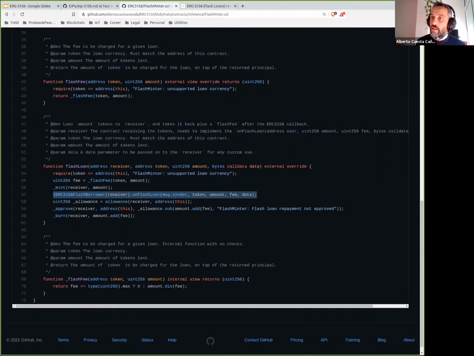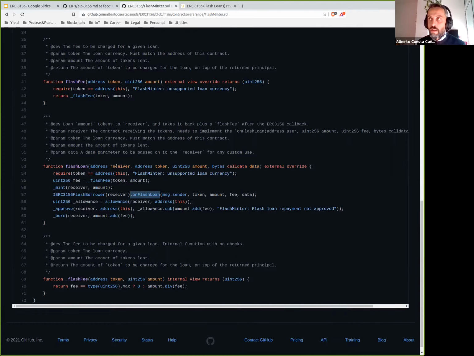Since this has a pattern where the borrower calls this function, and this function does a callback on the receiver, this receiver just has a plain public function called onFlashLoan and might not know what's going on. For example, the borrower might be getting this flash loan to do a refinance deal on a certain user account, which is not the receiver.